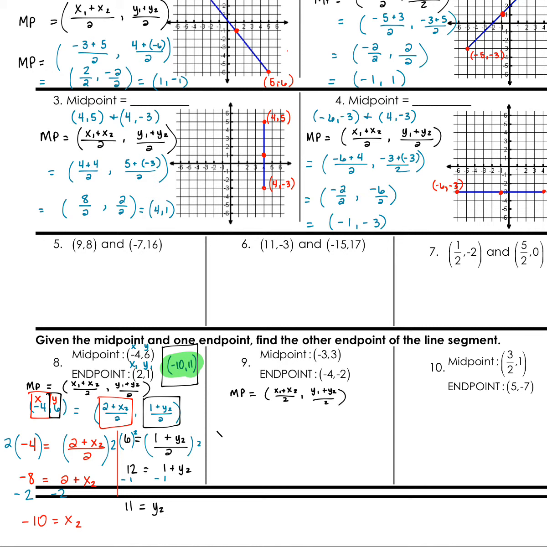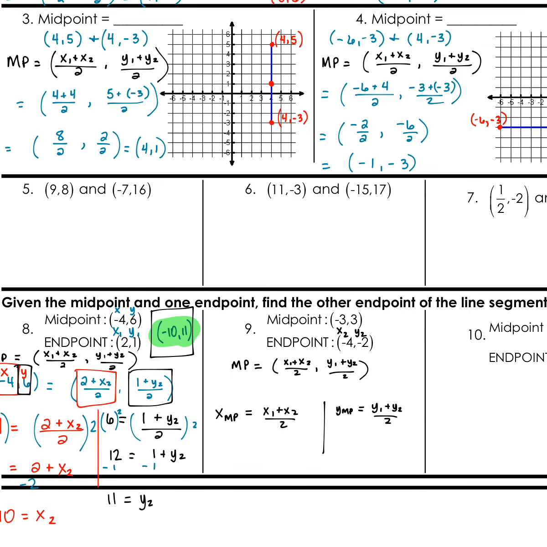We're going to break it up into our X midpoint equals x1 plus x2 over 2, and our Y midpoint, that's why I put a little MP at the bottom, is equal to y1 plus y2 over 2. And like I said last time, we're going to let our endpoint this time be the 2 version, so you guys can see that it's not going to affect the outcome if I just have one or the other.